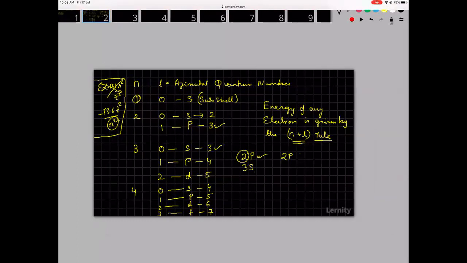So 2p has lesser energy than 3s. Similarly, let's look at number 5. Here you have 3d, then you have 4p, 5s. All of them seem to be having the same energy. But if I have to arrange them in increasing order of energy, it will be 3d having lesser energy than 4p, which has lesser energy than 5s.